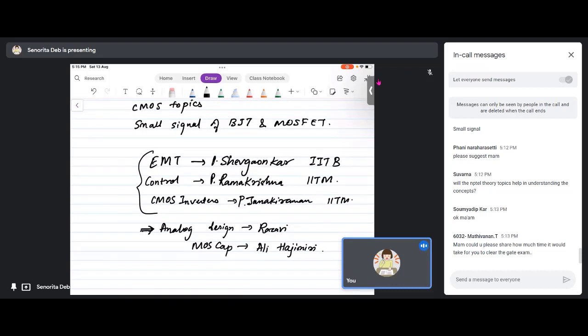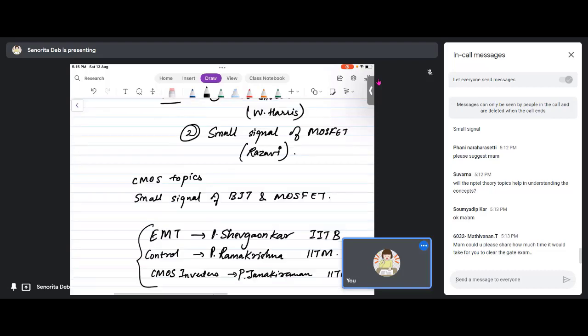I will suggest going through the topics, because I have only a 1 hour lecture. In 1 hour I cannot finish small signal of BJT, MOSFET, everything, right? So it's better if I teach from a GATE perspective, like what kind of questions come in GATE, I deal with those kinds of questions and topics.